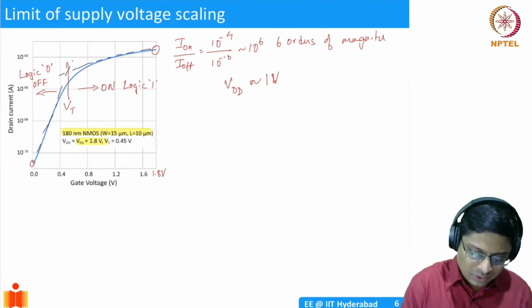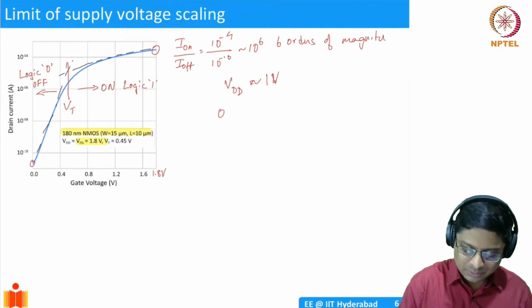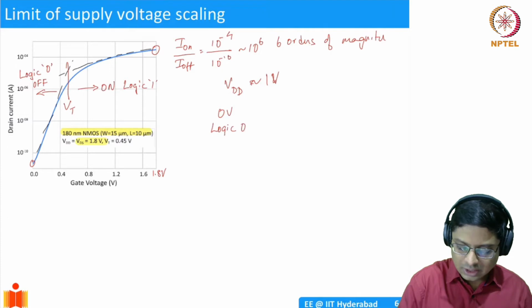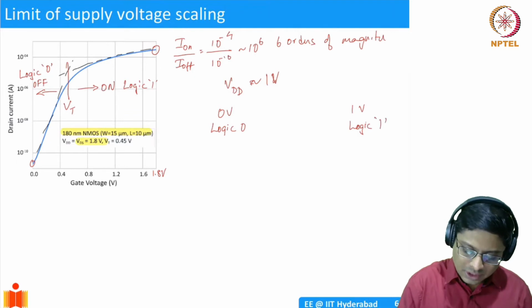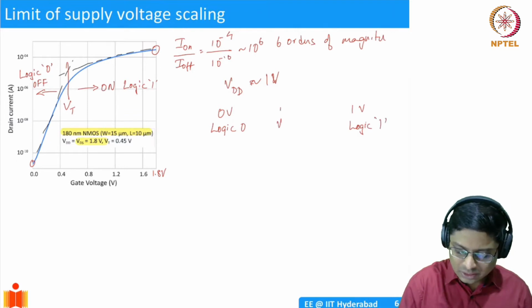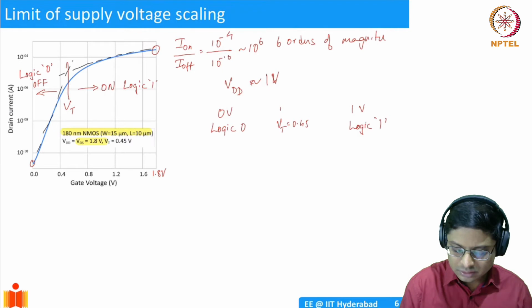Let's say 0 volts is my ideal logic 0, and 1 volt is my logic 1. In between I have my VT, which is around 0.45 volts.